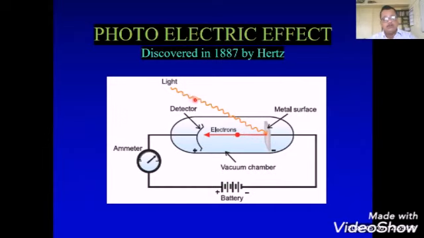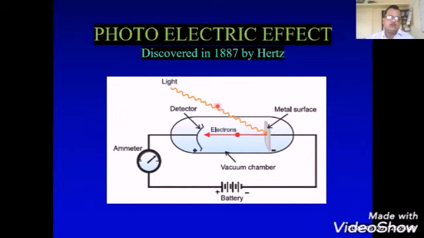The minimum wavelength required to eject a photoelectron from the surface of a metal is called the threshold wavelength, and the frequency corresponding to the threshold wavelength is called the threshold frequency.